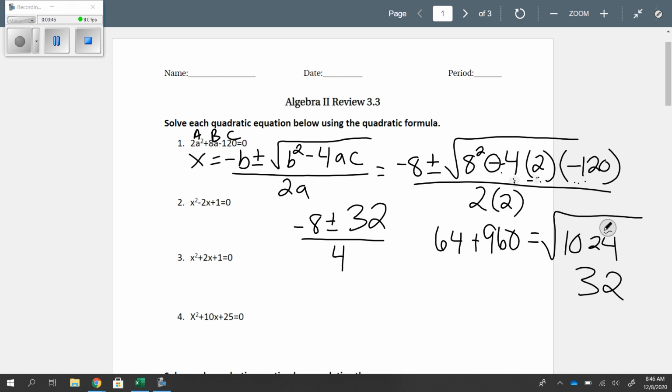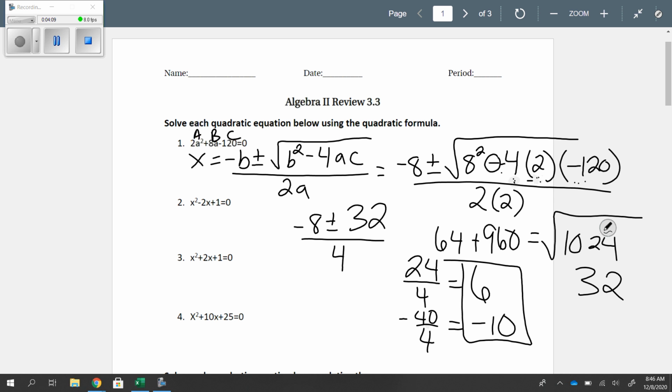So negative 8 plus 32 is a positive 24. 24 divided by 4 is 6. So that's our first answer. Our second answer, negative 8 minus 32, is a negative 40. Negative 40 divided by 4 is a negative 10. So our final answers are 6 and negative 10.